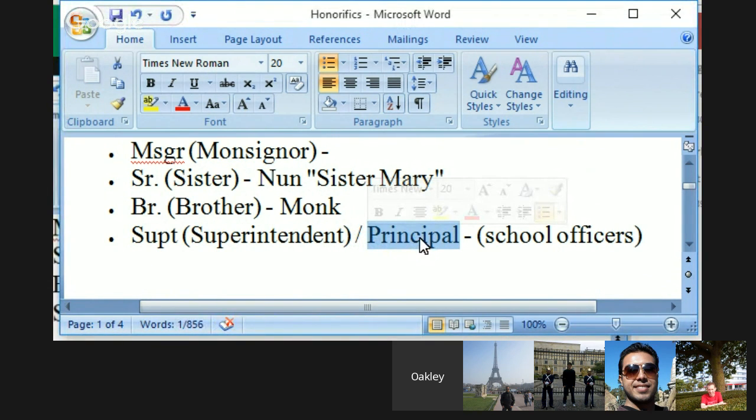In a private school, it may be headmaster. So you would address them as Headmaster Smith or Principal Smith. And a superintendent is usually in charge of 3, 4, 5, 6 schools, 10 schools, whatever. A district. It's like district manager for schools.